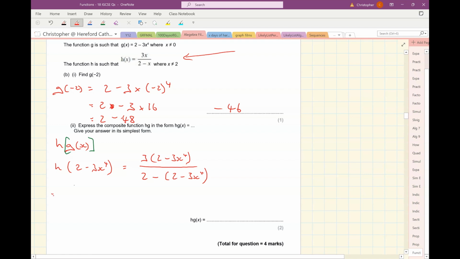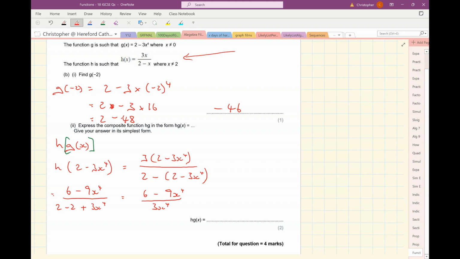So on the top, I'm going to have 6 minus 9x to the 4. And on the bottom here, I've got 2 minus 2 plus 3x to the power 4. Okay, well that is 6 minus 9x to the power 4 over 3x to the power 4. Now, can I simplify that?